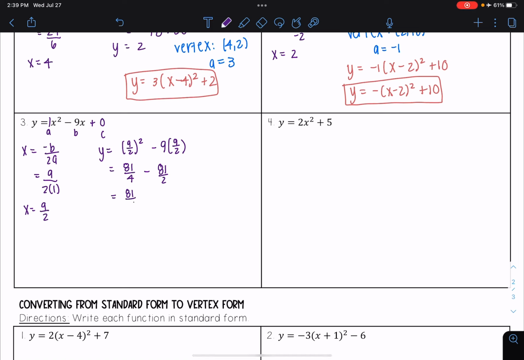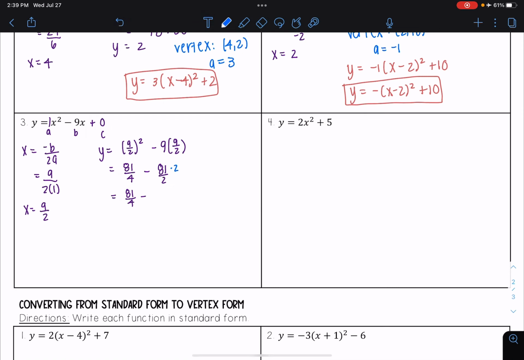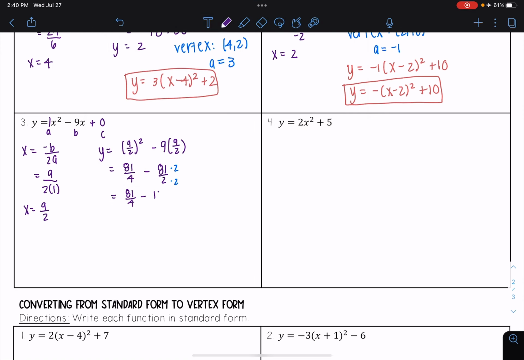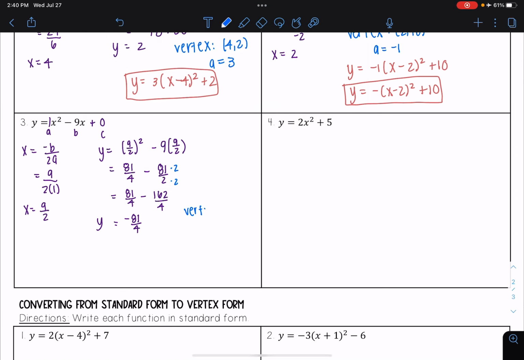So I have 81/4 minus, I want to multiply top and bottom by 2 here. And so when I do that, I get 162/4. And when I subtract this, I get negative 81/4 is equal to y. So my vertex here has fractions, but that's okay, it is 9/2, negative 81/4.